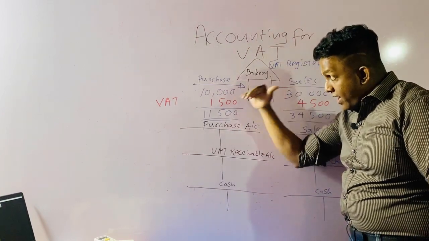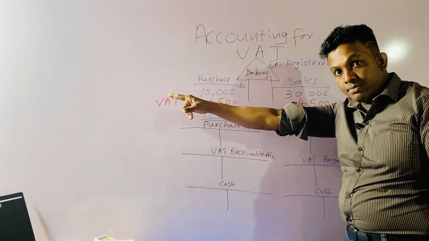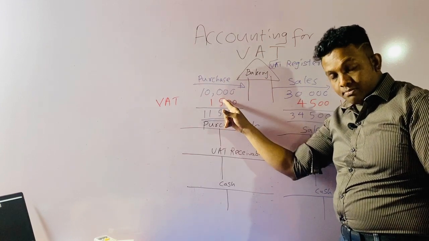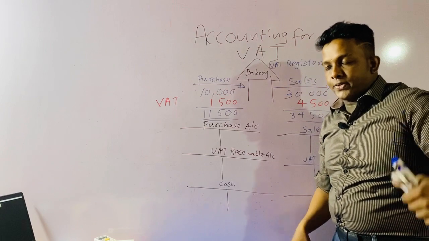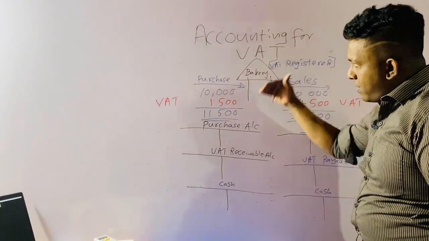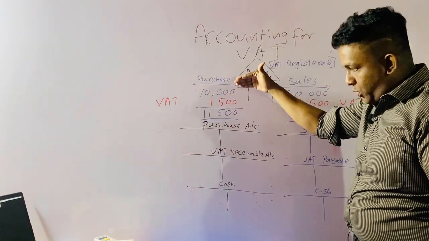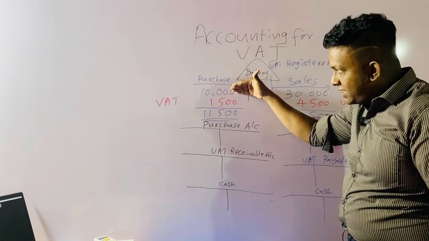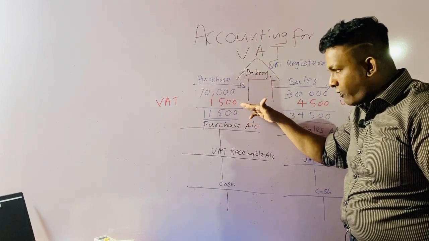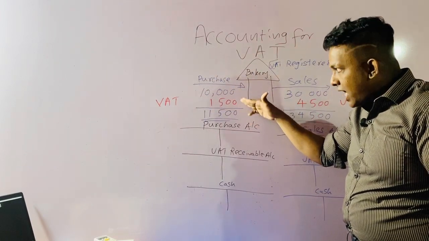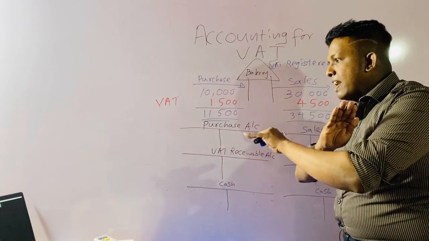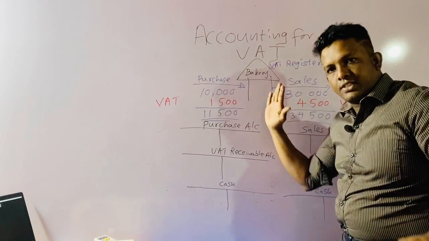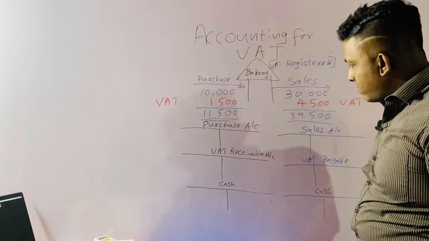We have to pay this VAT portion to the supplier right now, but we can claim it from the government in the future. So my actual material cost is 10,000 rupees, but the VAT portion is 1,500 and the invoice value is 11,500. We have to pay the 11,500 at once, right?